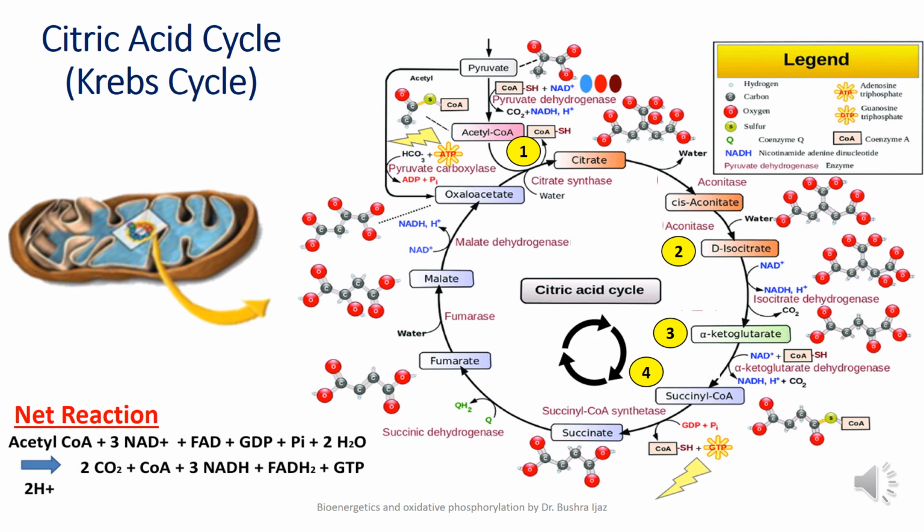Now the alpha ketoglutarate in step number 3 and its succinyl group is the product of step number 4. Coenzyme A binds to the succinyl group to form succinyl coenzyme A. The enzyme that catalyzes step number 4 is regulated by feedback inhibition of the ATP, succinyl coenzyme A, and NADH.